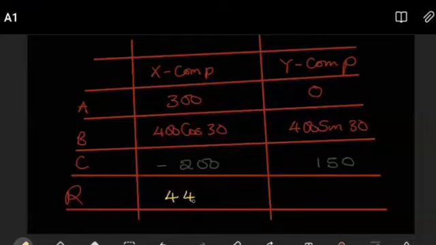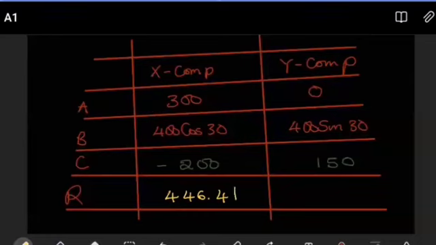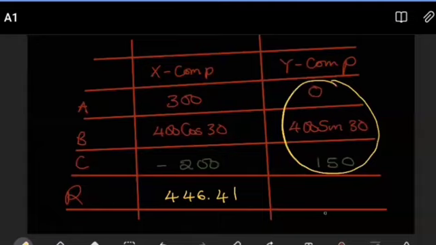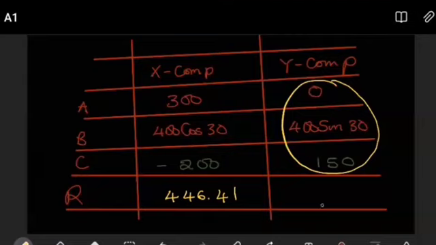426.4. Okay. Now add this. Is this 350? Uh, 350. Okay.